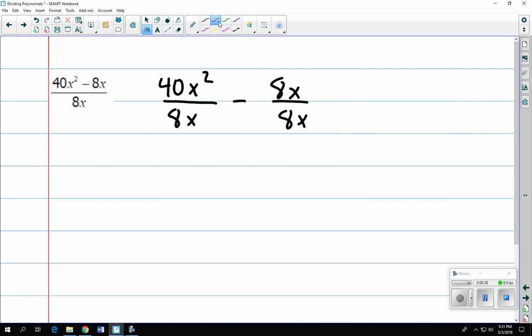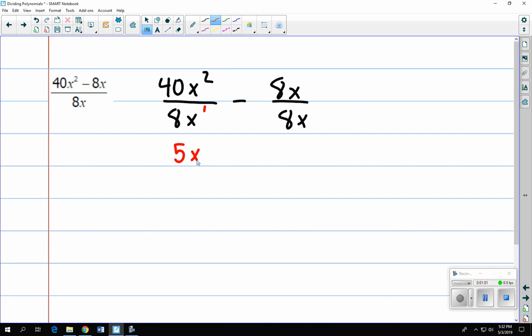It's just my constants. I'm going to approach it as I normally would. 40 divided by 8 is 5. Now, I have x squared divided by x. I'm going to put an exponent of 1 here to explain this. With the law of exponents, which we will get into in another video, when I divide, I subtract. So I'm going to see 2 minus 1, which would give me 1.